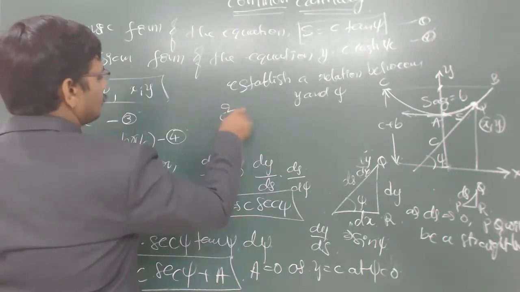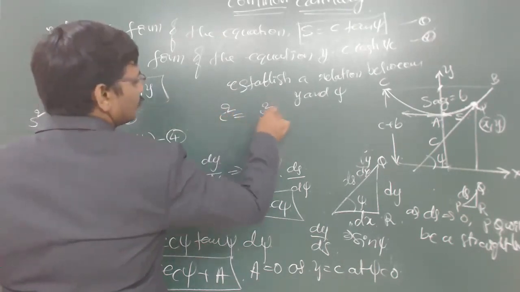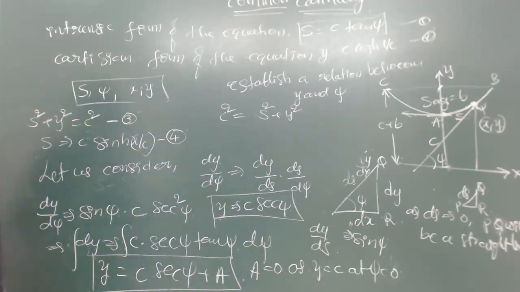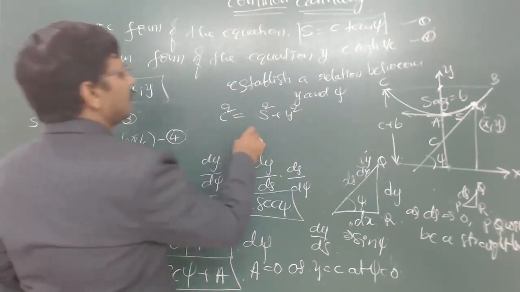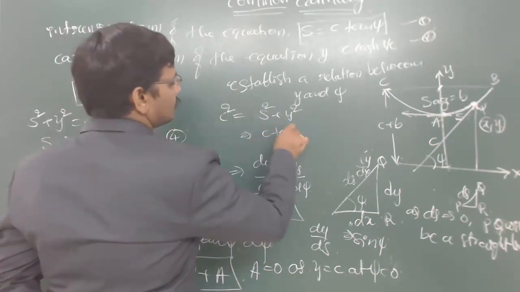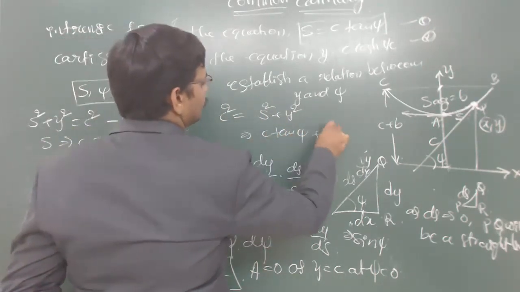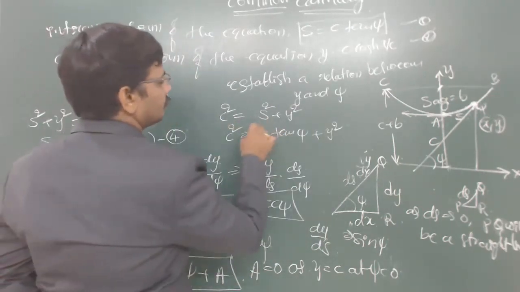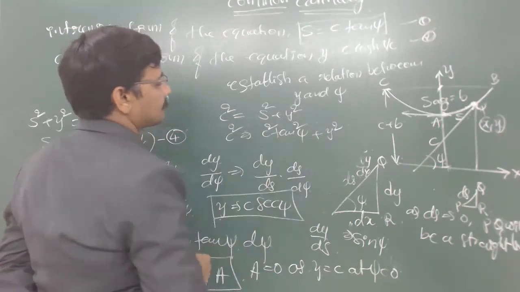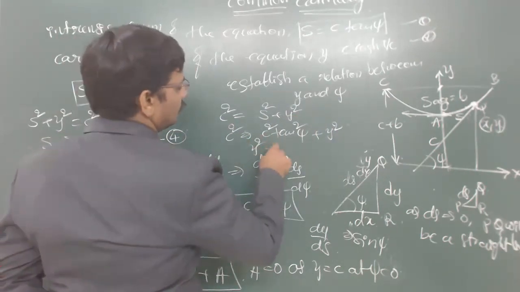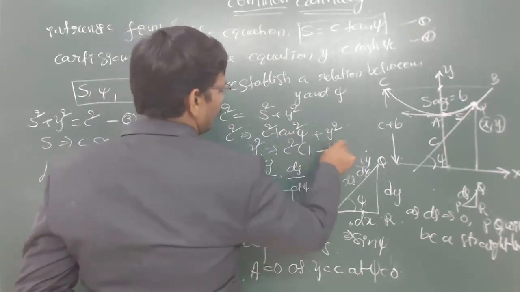So c square is equal to s square plus y square, and s is equal to c tan psi, plus y square. So this is equal to c square. So y square is equal to c square into 1 minus tan square.